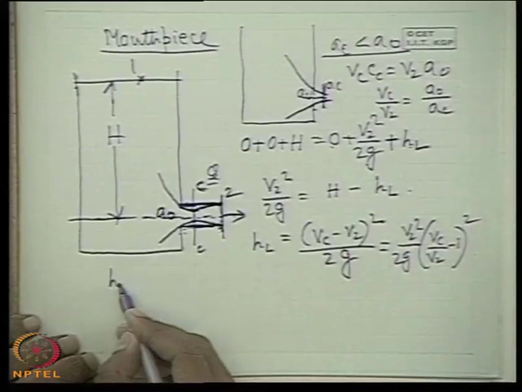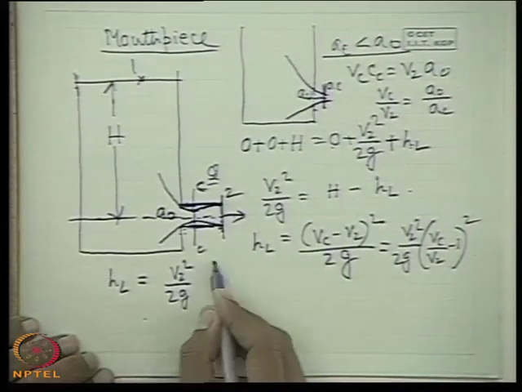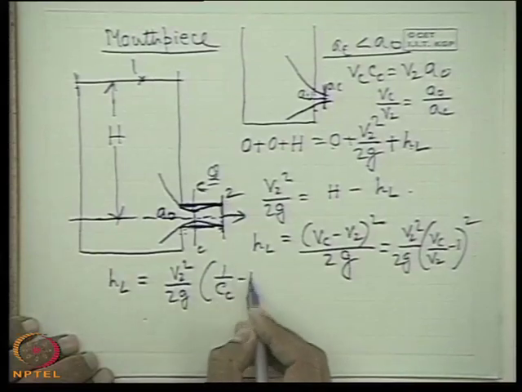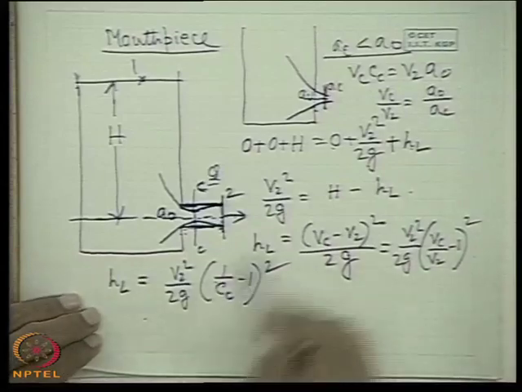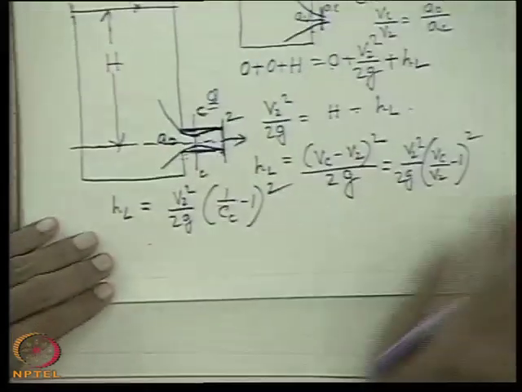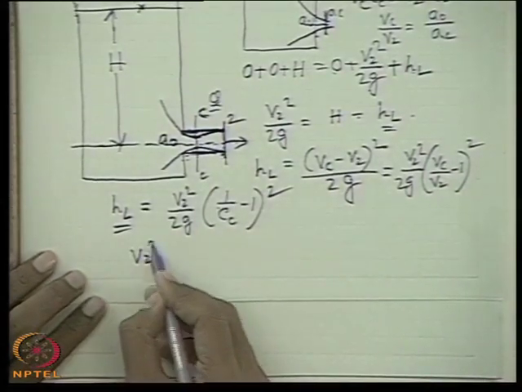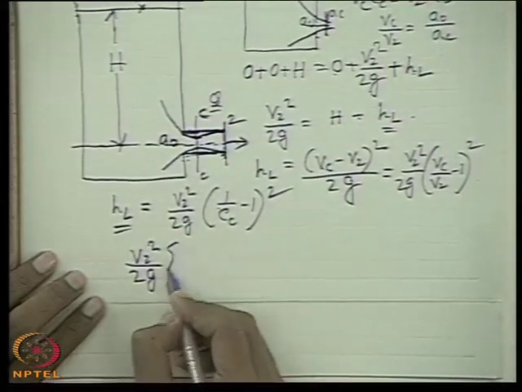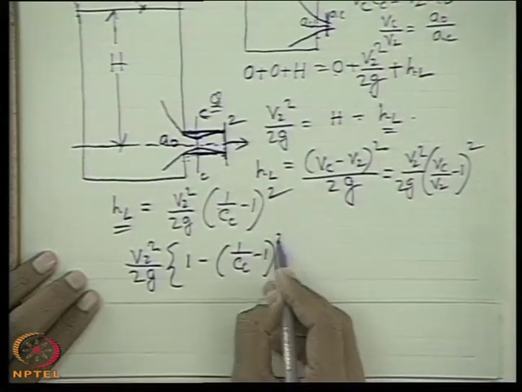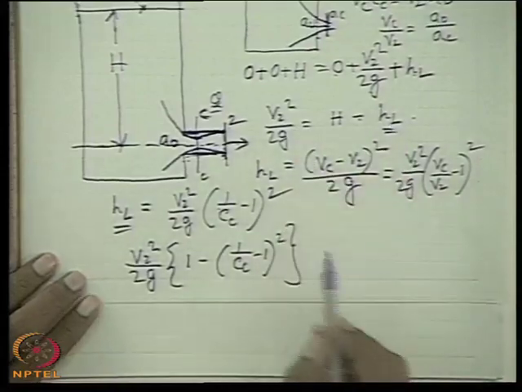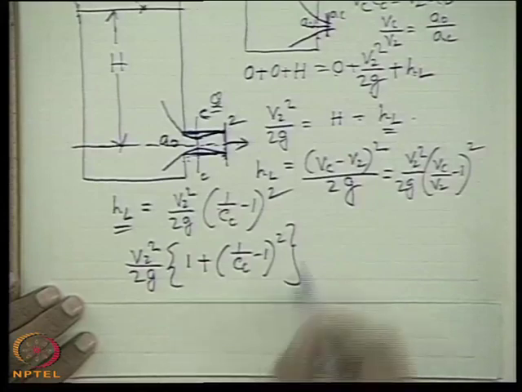That means we can write HL is equal to V2 square by 2G into (1 by Cc minus 1) whole square. So therefore, if we place this here, V2 square by 2G into 1 plus (1 by Cc minus 1) whole square is equal to H.